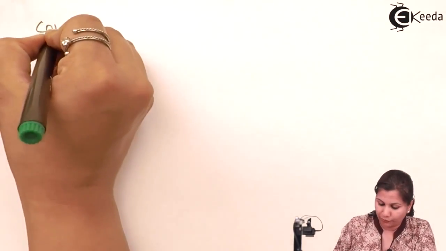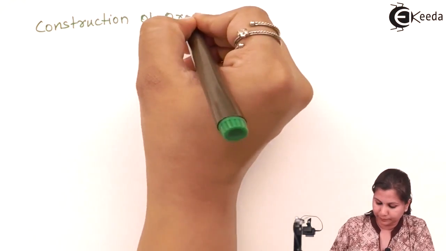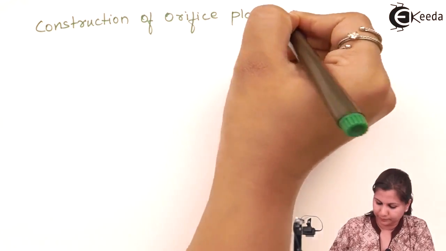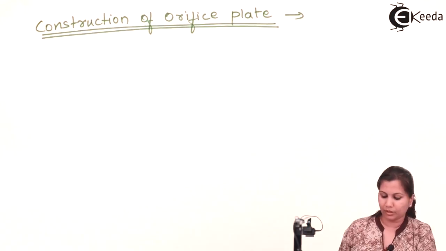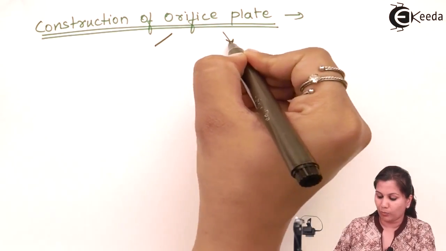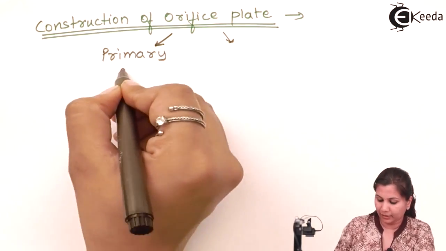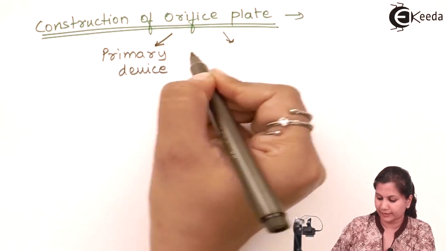So this was about the basic principle of working of orifice plates, how they measure the flow rate by measuring the difference in the pressure. Now let us see the construction of the orifice plate. The orifice plate basically consists of two devices: one is the primary device and the other is the secondary device.